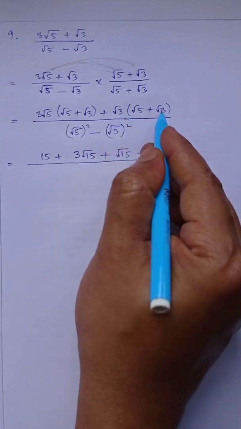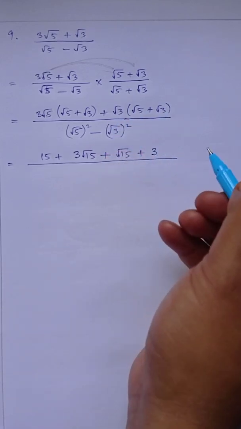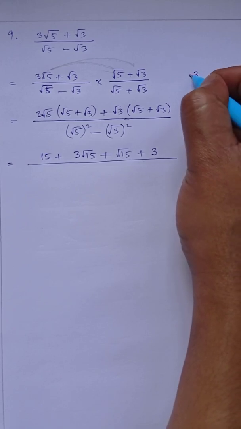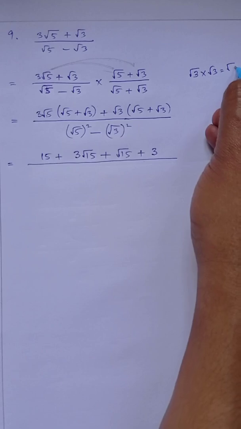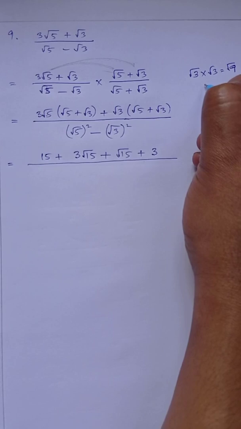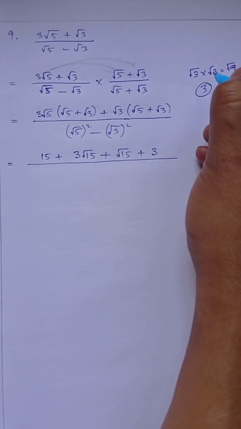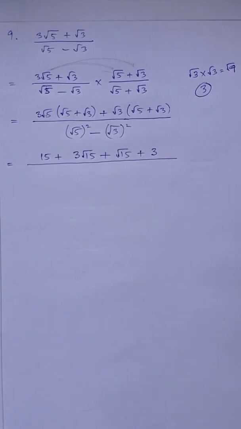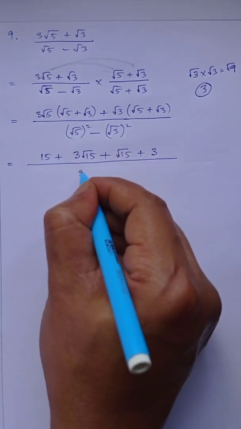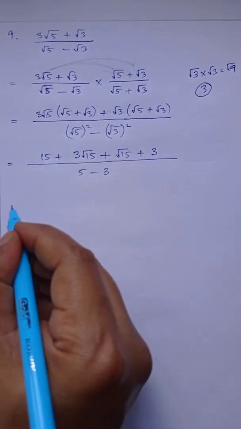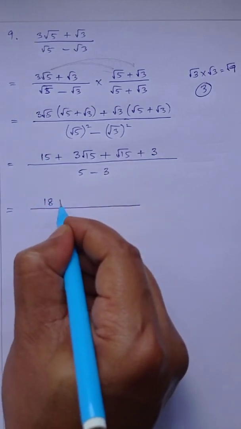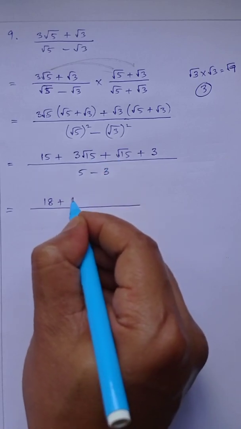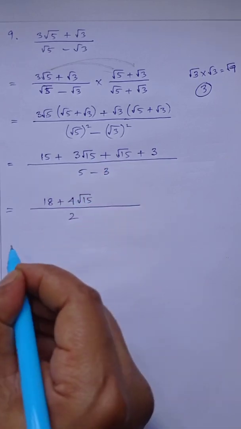If the number and root are the same, root 3 into root 3 is root 9, or simply 3. So you have to know this one. Here root 5 square will be 5, root 3 square will be 3, and then 15 plus 3 is 18, plus 4 root 15, over 2.